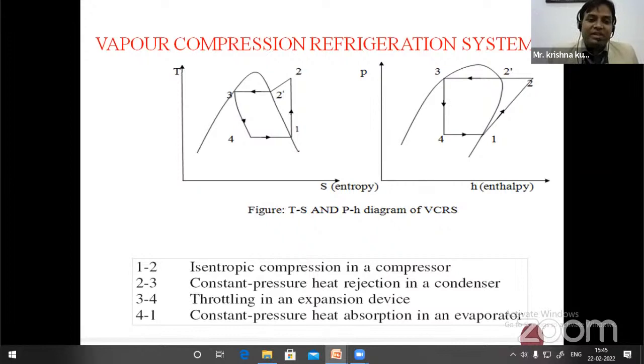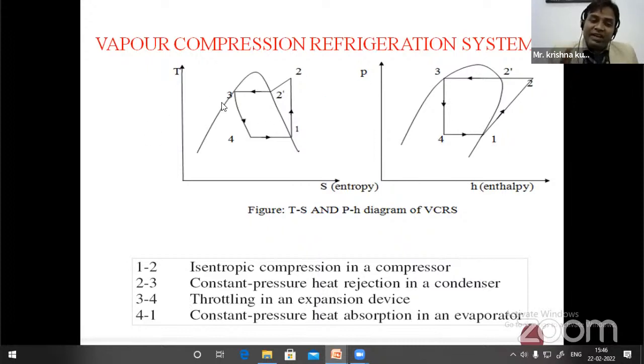So basically these are the four processes which are involved in our fridge or air conditioning, or you can say in the vapor compression refrigeration system. So first isentropic compression is taking place 1 to 2. 2 to 3, the constant pressure heat rejection means the pressure is not changing, but the heat is being rejected.